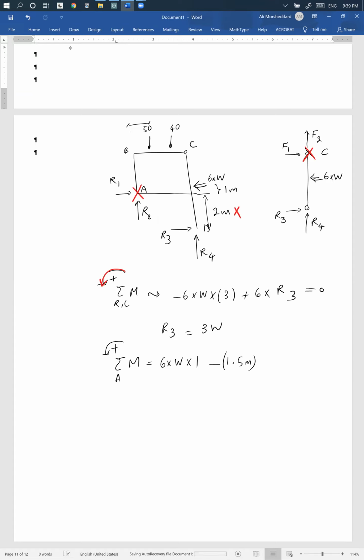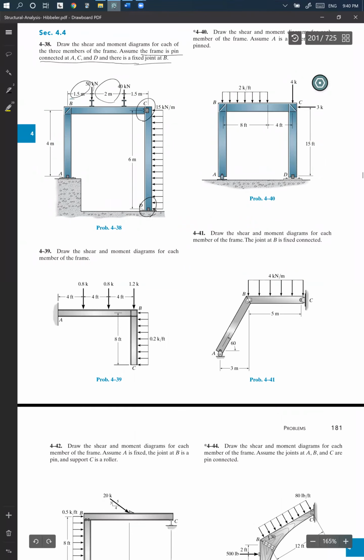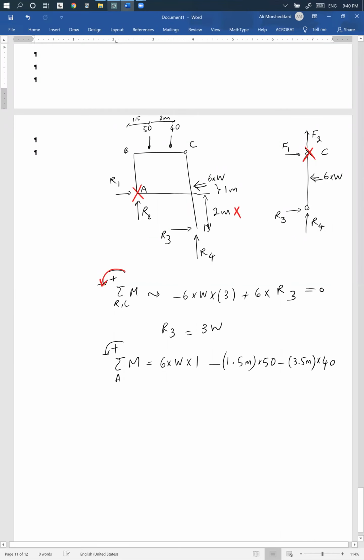So minus 1.5 times 50 minus 3.5 meters times 40. So this was 1.5, this was 2 meters, right? You see, 2 meters, 1.5. I took care of the distributed load.